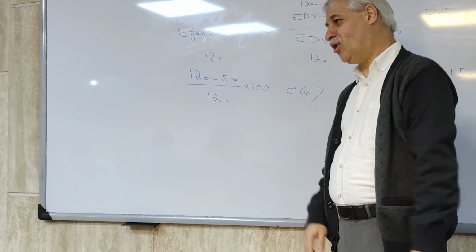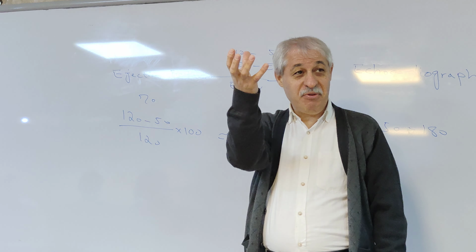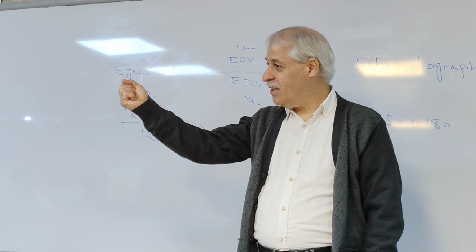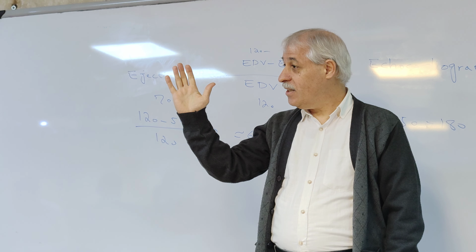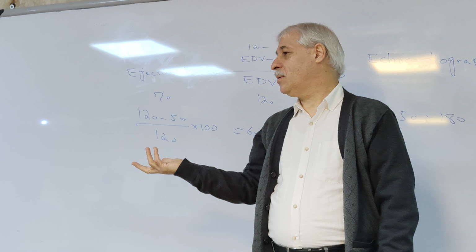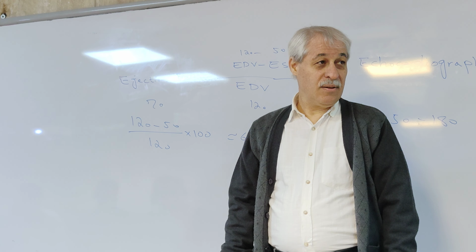For the full heart, you can make a good picture. You can see the contractility, which part of the left ventricle can contract effectively. Suppose that the septum cannot contract.